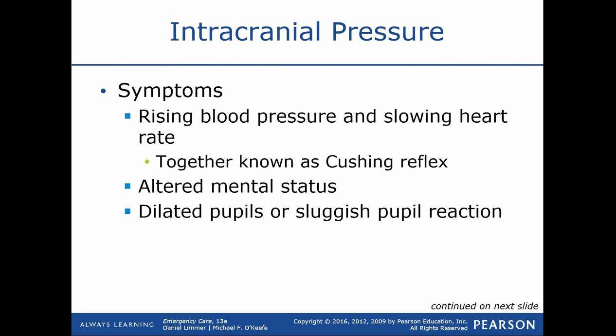Meanwhile, the diastolic pressure rises much slower. These patients with ICP, we're going to start to see their pressures creeping up to 160, 180, 200, 220, 240 systolic. It is not uncommon for you to have an ICP patient that has a blood pressure of maybe 220 over 150, 160, something like that.